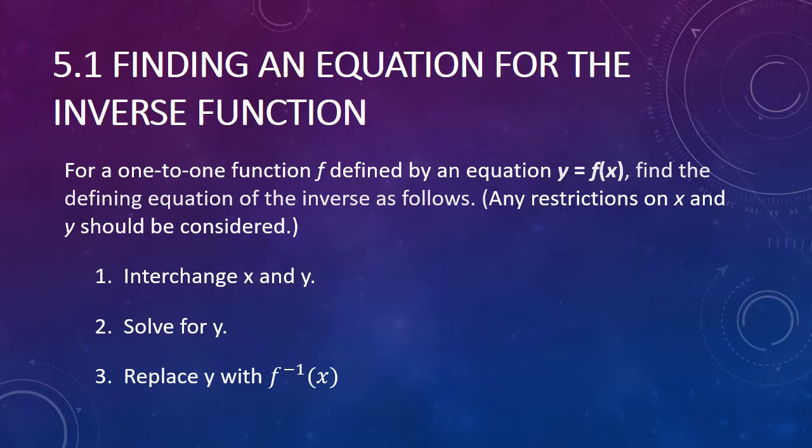Notice that at the top it says any restrictions on x and y should be considered, because if there are restrictions on the original, they're going to be restrictions on the inverse, but they're going to be opposite. So any restrictions on the domain of the original become restrictions on the range of the inverse, and any restrictions on the range become restrictions on the domain.